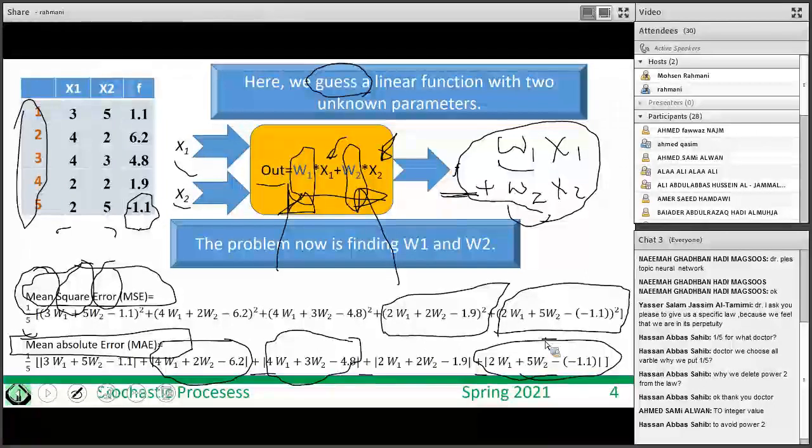We want a summation on all errors, so of course for the mean square error, we have to make all these positive numbers.